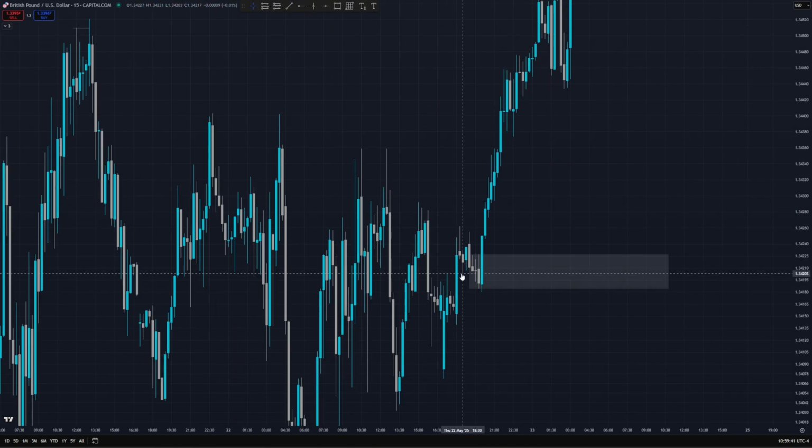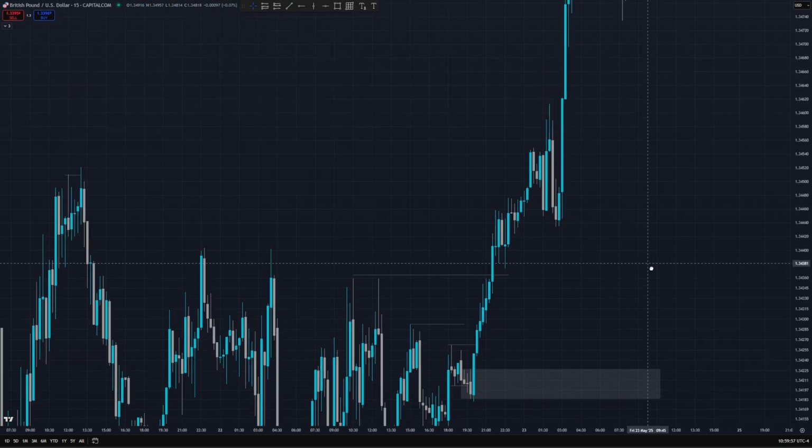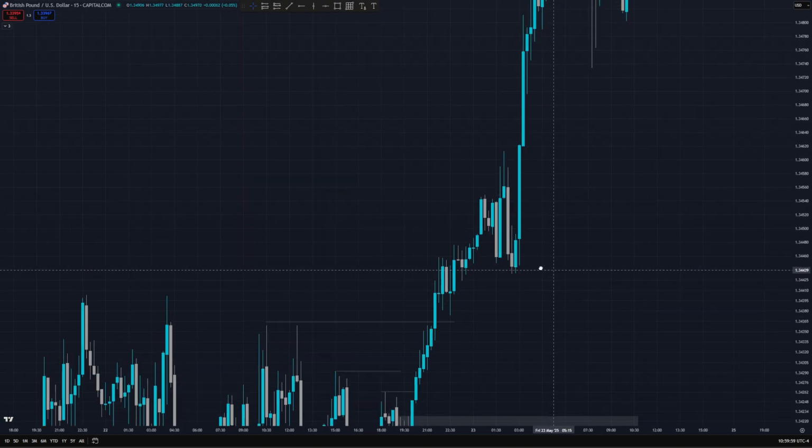You see how we swept liquidity, we swept the low, and then we have displaced past these highs, and then proceeded to also here.